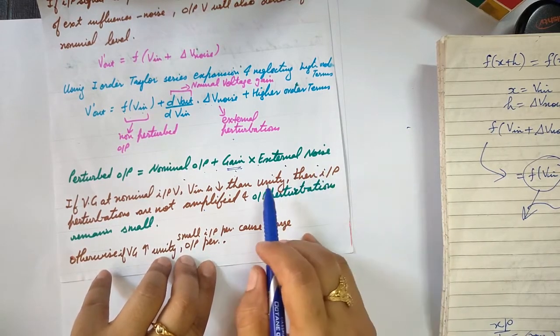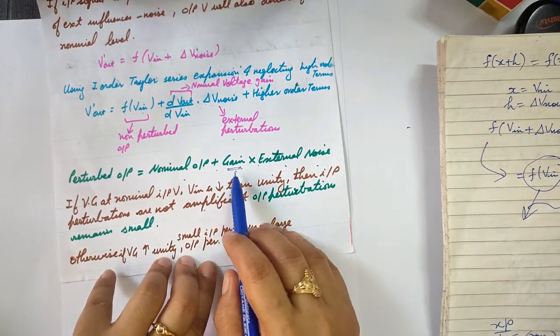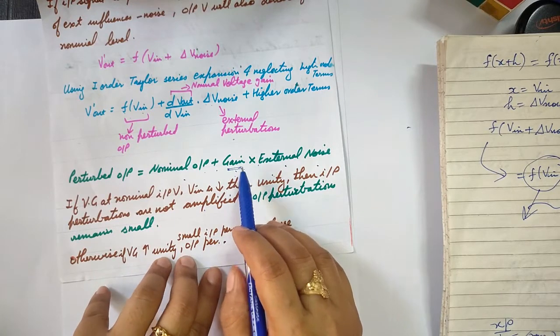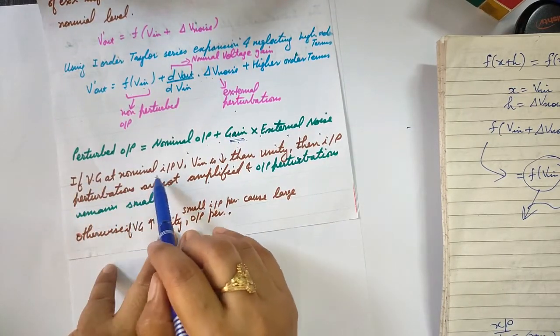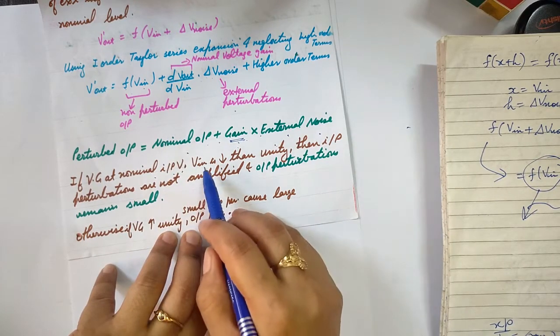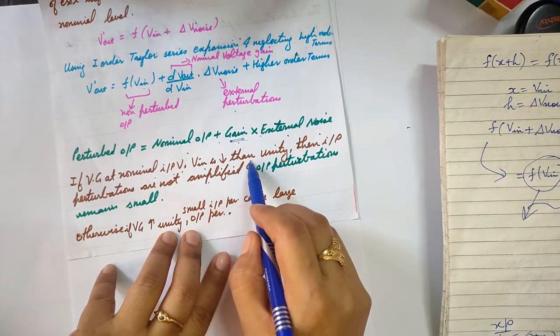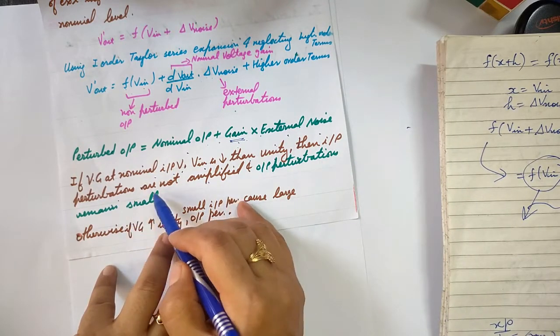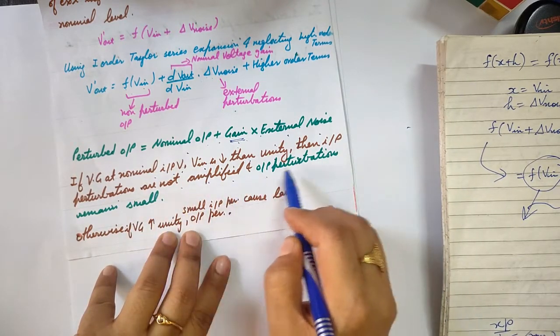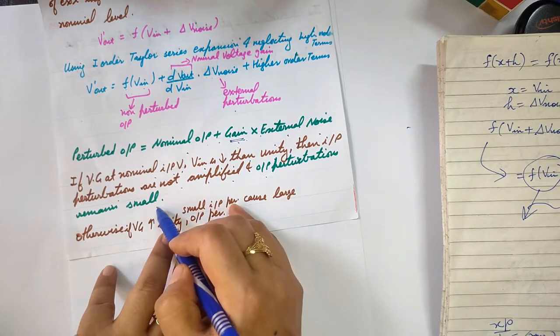So now the main focus is upon this gain. I'll just read it out and then explain to you. If the voltage gain at nominal input voltage Vin is less than unity, then the input perturbations are not amplified and output perturbations remain small. What does this mean?